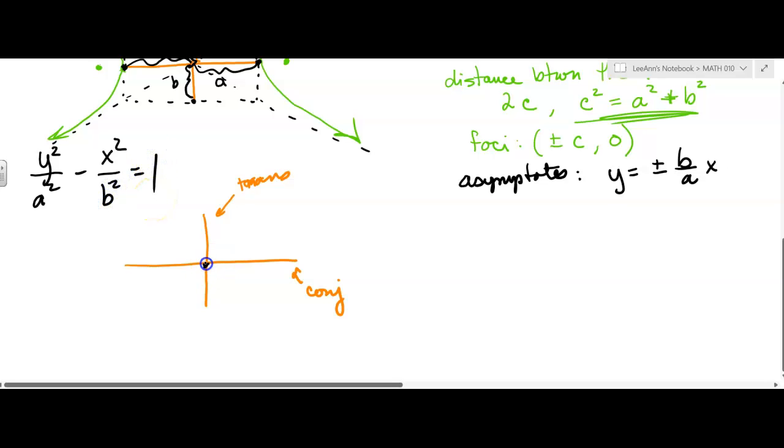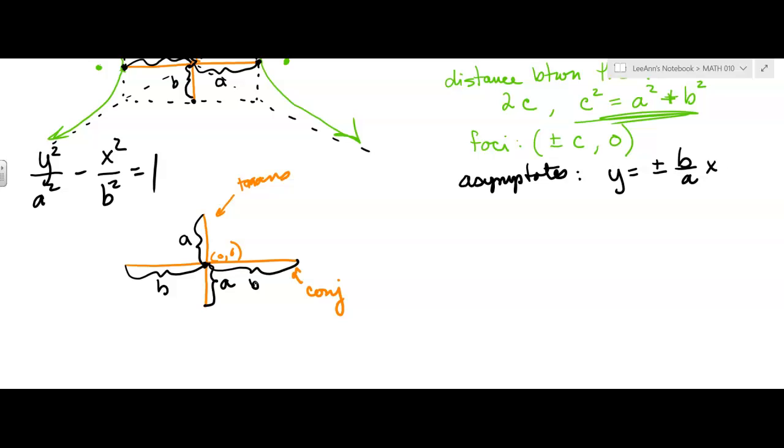Okay, this is still the center at the origin. And then this distance here is a, and this distance here is a. So the transverse axis is still 2a. And then this distance is b, and this distance is b. And so the conjugate axis has a length of 2b.